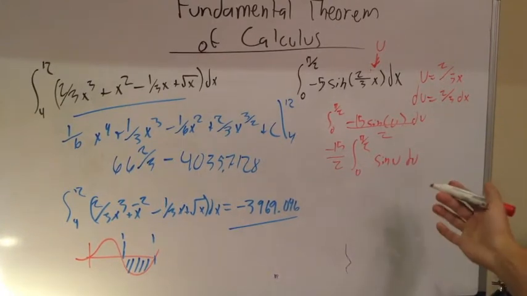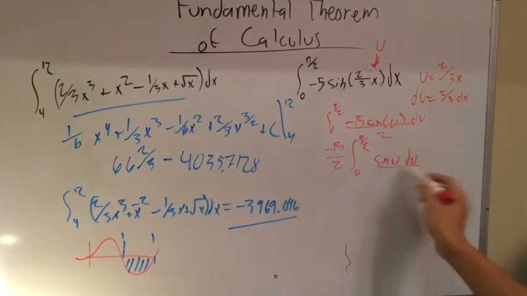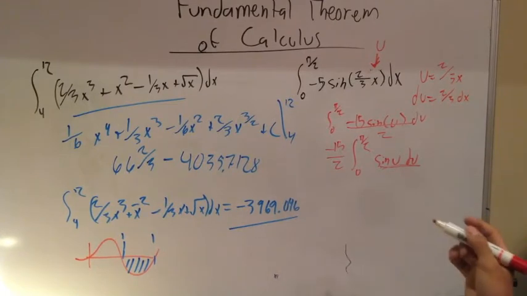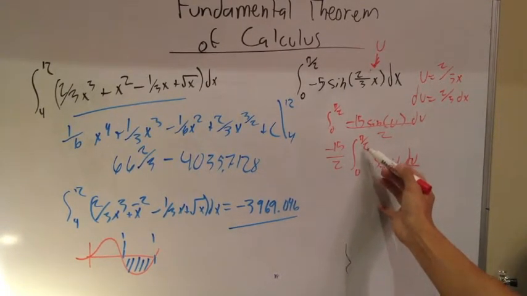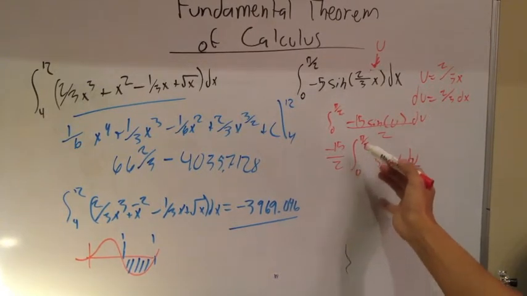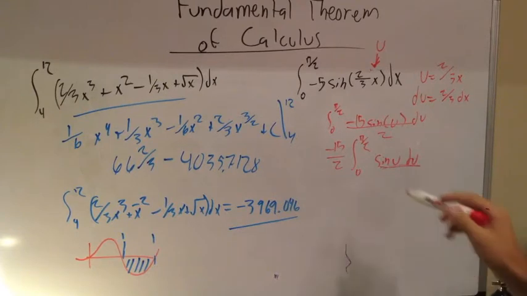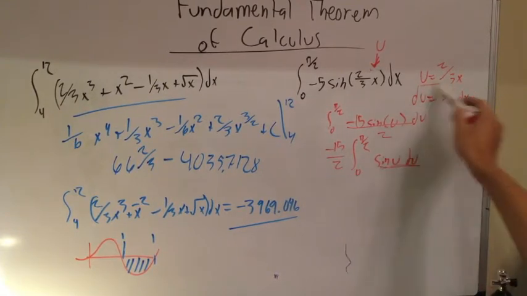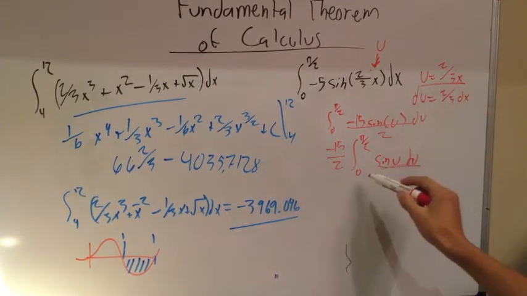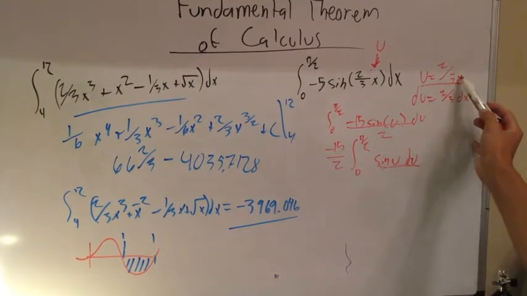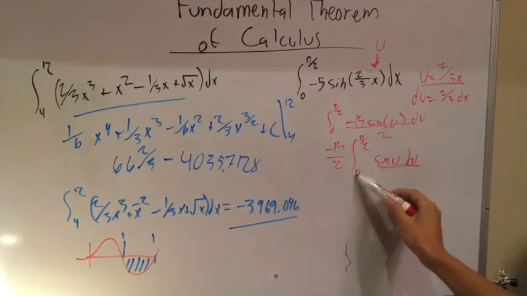Now, as you can see, this part of the function only has the variable u. So you can change the bounds of the integral to values that correspond to u. Using this equation, if x equals 0, then u equals 0, so this one stays unchanged.